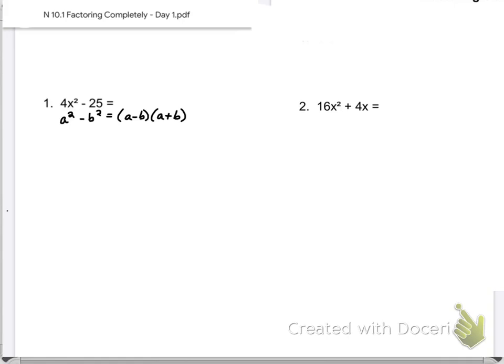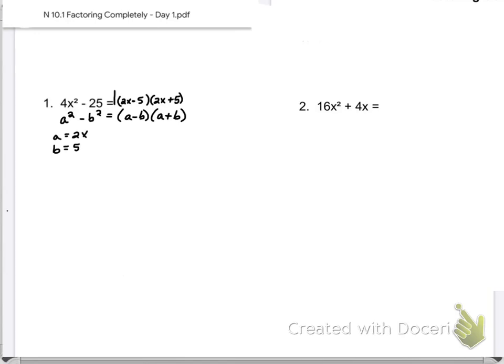Okay, so the square root of a squared is a, so a in this case is going to be 2x, and b in this case will be 5. The square root of 25 is 5. So by this pattern, and this is the easiest factorization problem you get if you remember the pattern, the answer is 2x minus 5 and 2x plus 5.